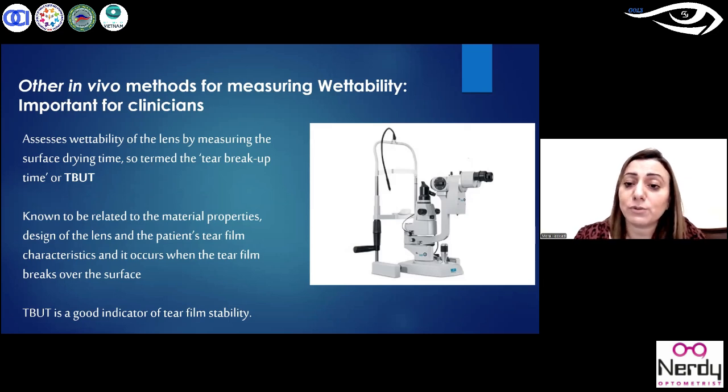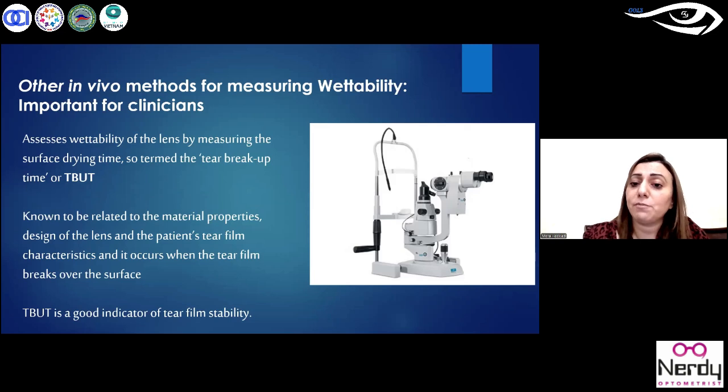For you to assess wettability, you can use the best instrument, which is the slit lamp biomicroscope. Using the slit lamp, you can assess wettability in different ways. First, you can measure the tear breakup time, and I'm sure you're all aware of it, how you measure it, and you can measure it with fluorescein as well.